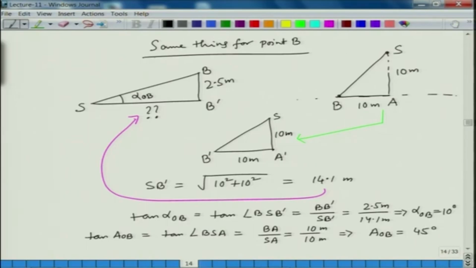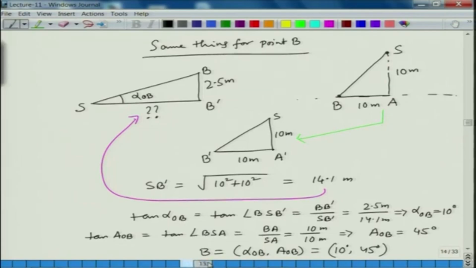So, B is now represented by this coordinate system, alpha OB and azimuth OB, which will be 10 degree, 45 degree. This is the location of B with respect to position S.